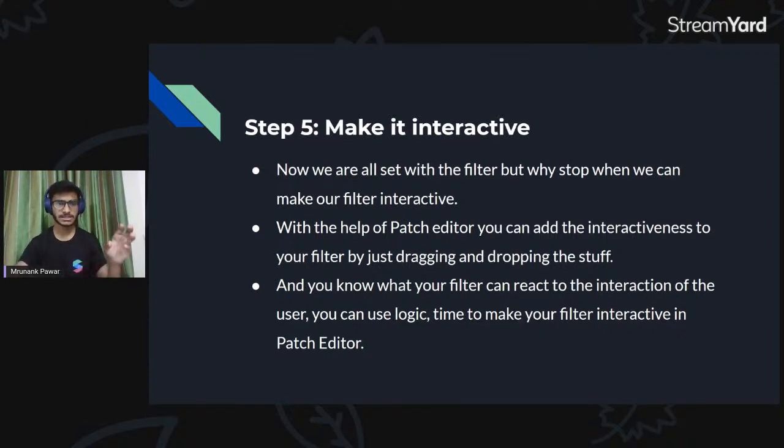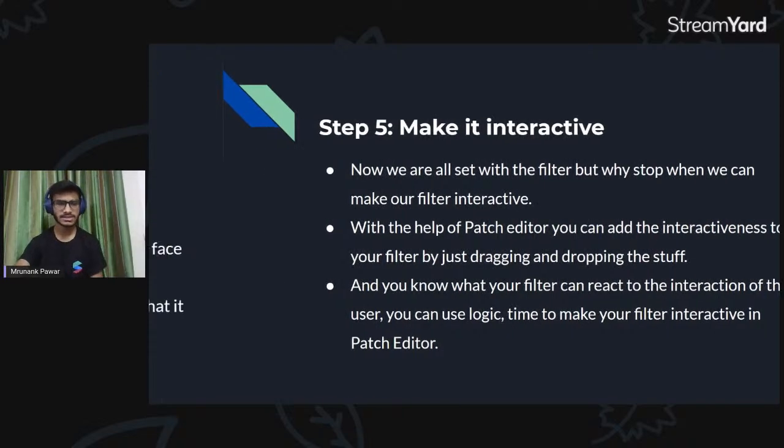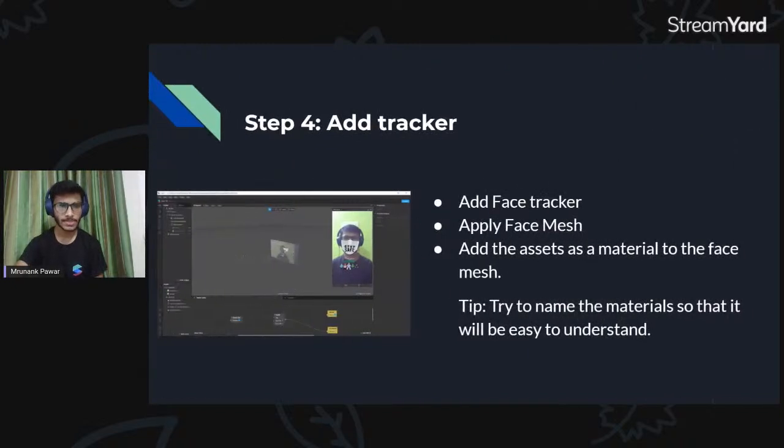There are the patches. You just have to drag and drop those patches into the patch editor and connect the lines. As you can see in the previous screenshot, there are lines connected from this patch to this patch, then to both patches.